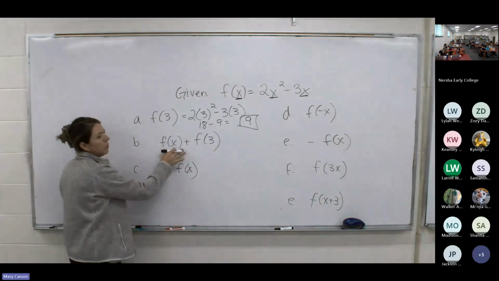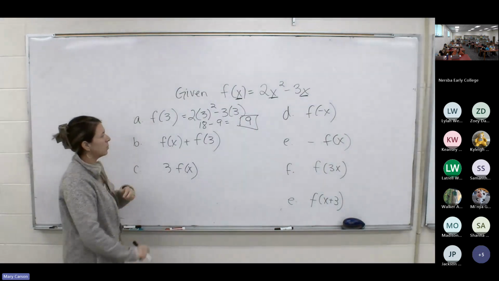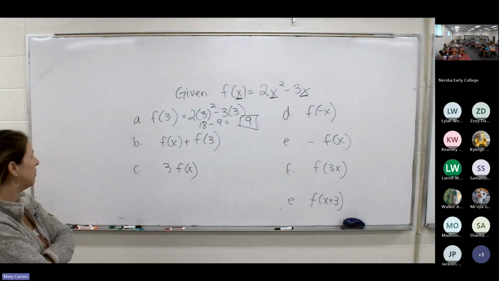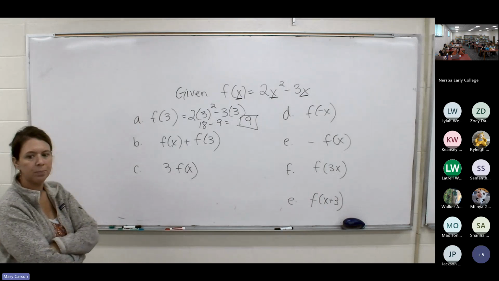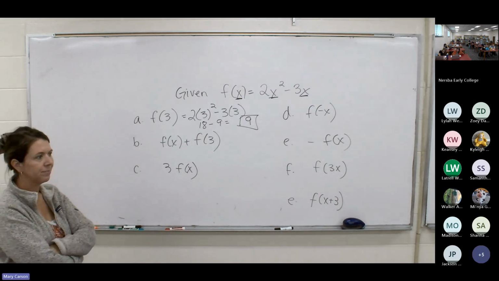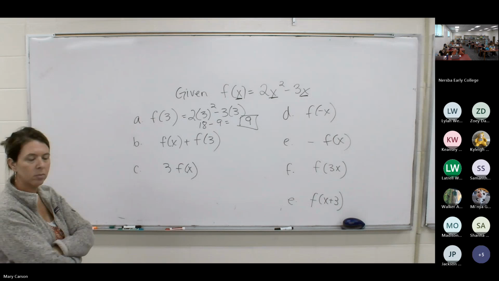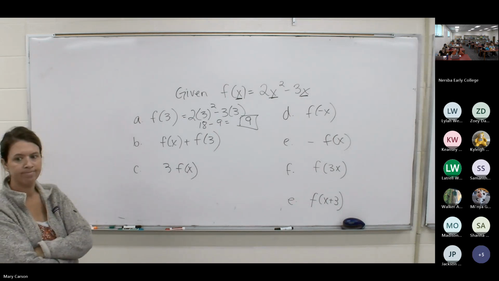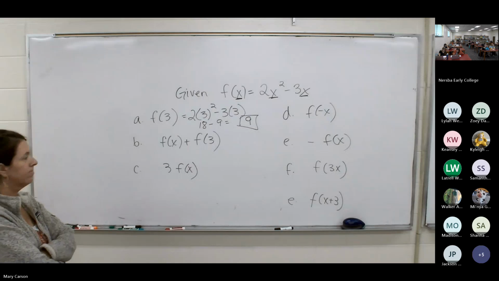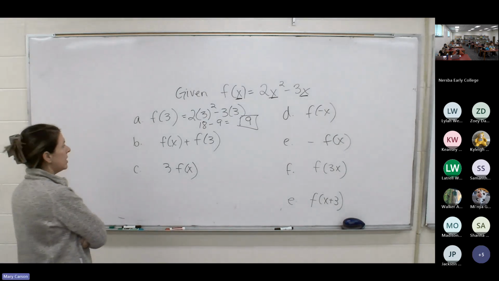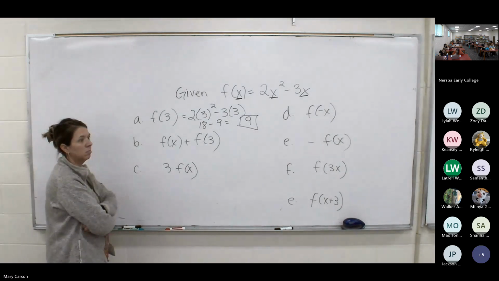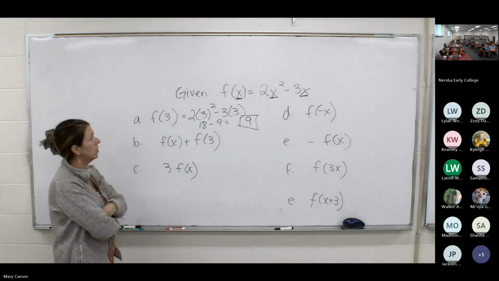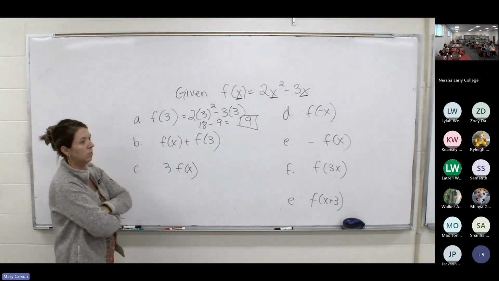All right, any idea how we would do this one? It says f of x plus f of 3. We've already found f of 3. But how would I write f of x plus f of 3? Any ideas? Well, what is f of x? Look at the equation up there.